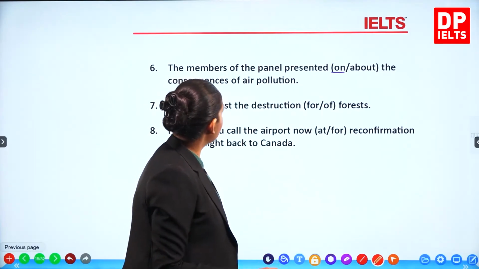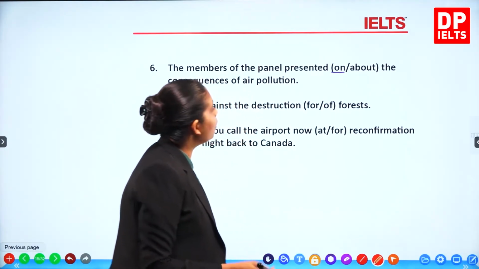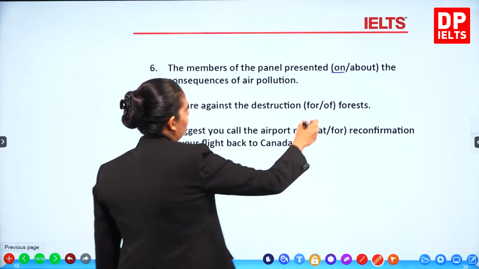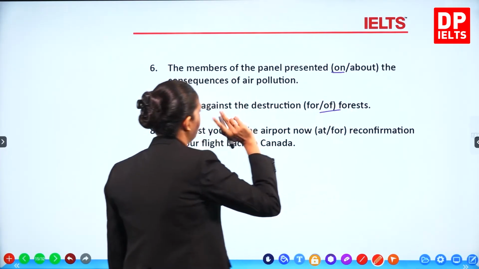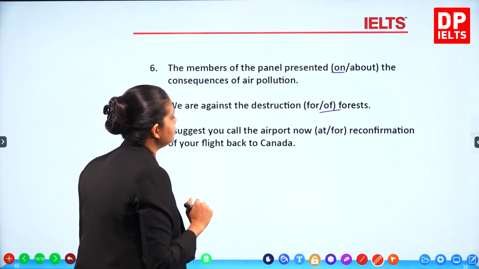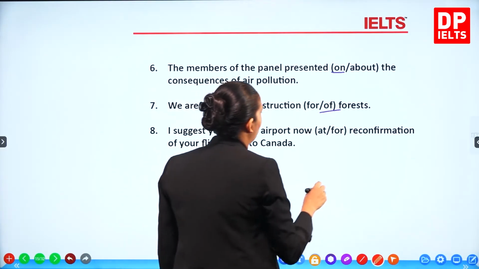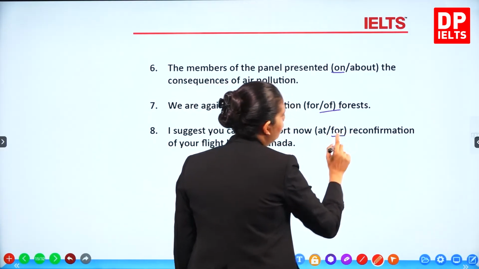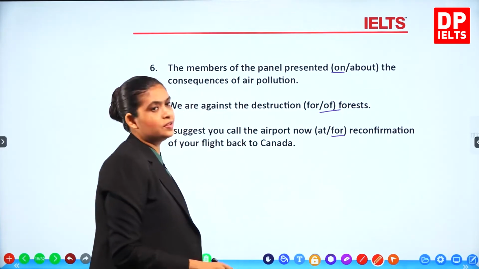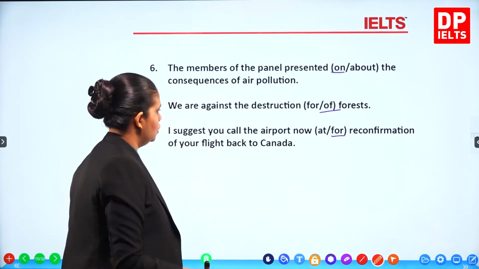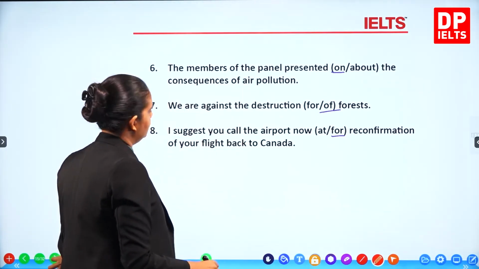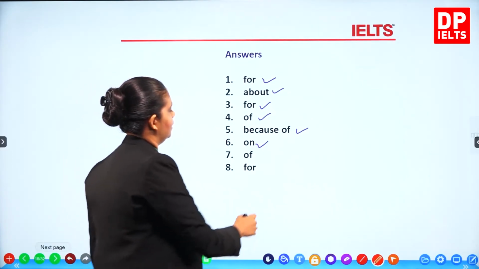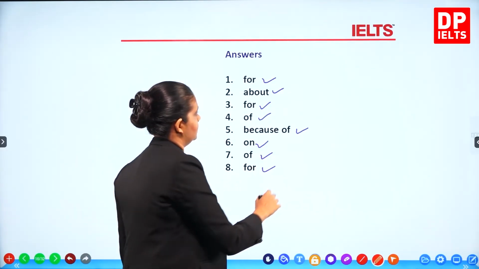We are against the destruction of forests. If you can't remember the rule, please go back and check. I suggest you call the airport now for the reconfirmation. You don't say at the reconfirmation. So for is the last one, and I think our answers are correct as well.